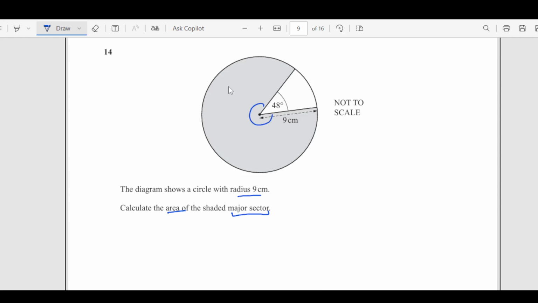So this angle we need to know first of all. This is 360 minus 48, this is 312 degrees. So this part we have the angle 312 degrees. Now we will just directly use the formula. So the area of the major sector will be theta over 360 times pi r squared, right?